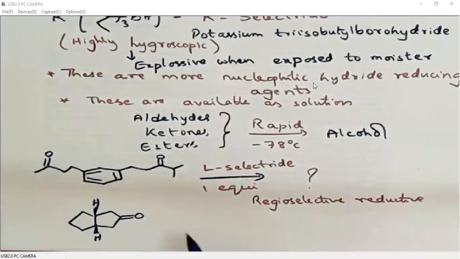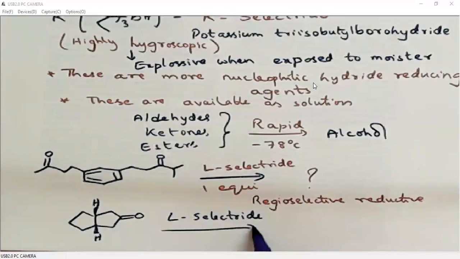Then when we use L-selectride, what is the configuration of the alcohol? You may be confused in the beginning itself, because this is a cis molecule, so these two hydrogens will create steric crowding. So hydride transfer takes place from below the plane, and the alcohol will be above the plane. No, it's not like that. Like I said earlier, it will be like this.